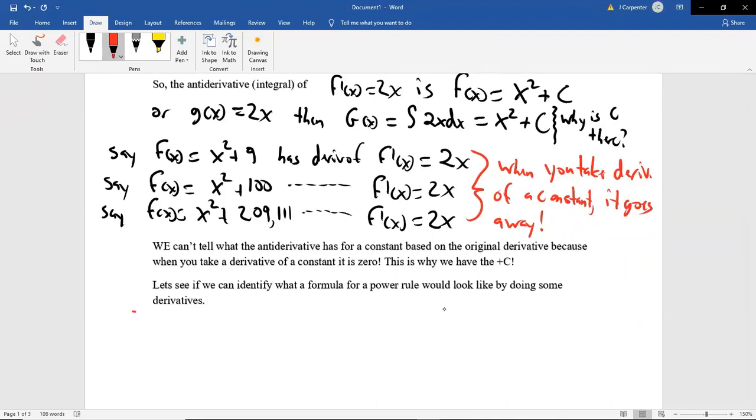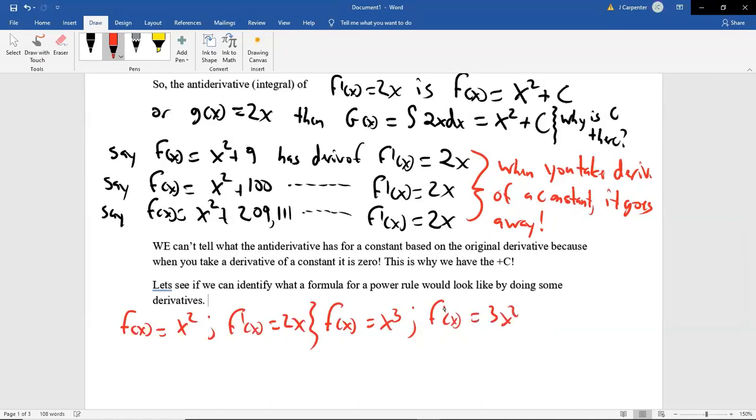So let's say f of x, we already saw x squared led to 2x. So with a function of x squared, the derivative is 2x. With a function of x cubed, the derivative is 3x squared. With a function of x to the fourth, its derivative would be 4x to the third.